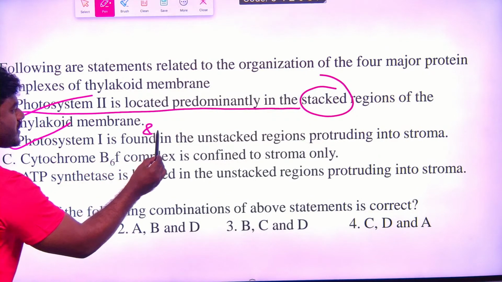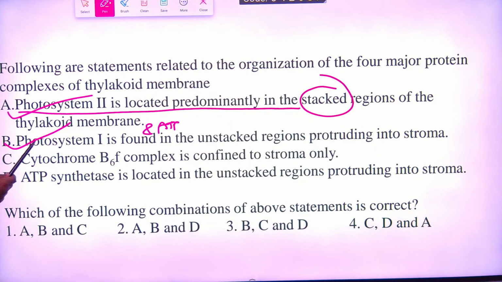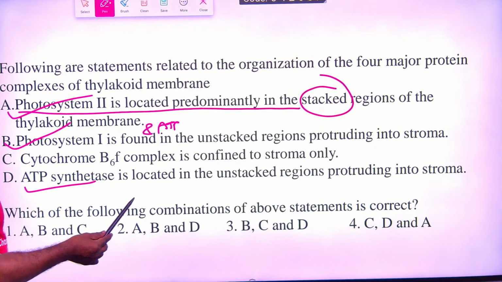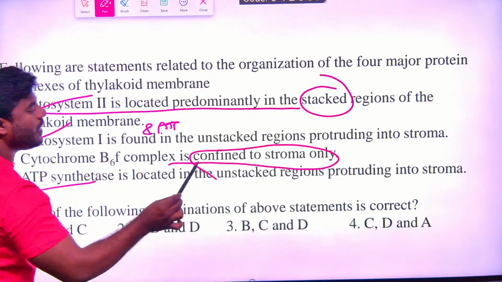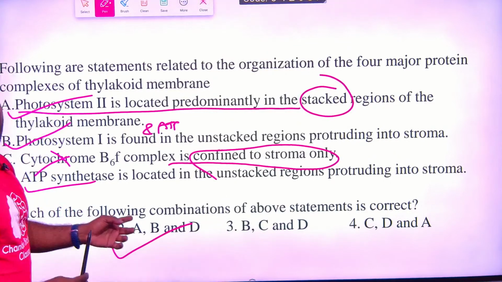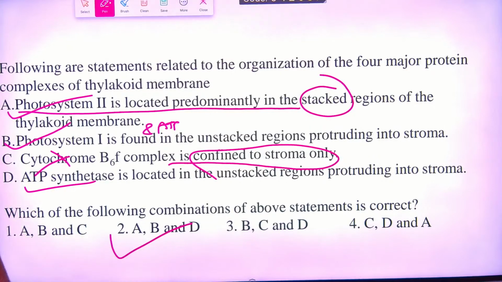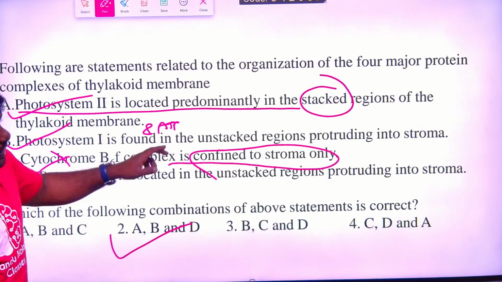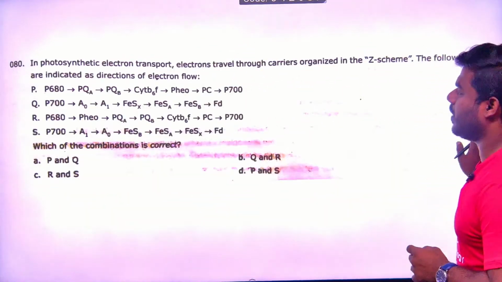Along with the photosystem, ATP synthase is also located on the unstacked regions, so D is also right. Cytochrome b6f is evenly distributed, but they said it is confined only to the stroma lamellae, which is a wrong statement. Hence the correct answer is option 2. Is it clear everyone? Online people, correct. Good morning. Answer is 2. Clear, understand?